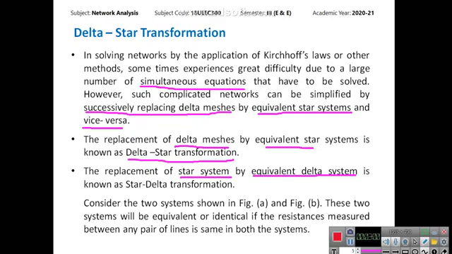These two systems will be equivalent or identical if the resistance measured between any pair of lines is the same in both systems. So if you want to transform a delta into star, if the resistance measured between a pair of terminals is the same in both systems, then you can transform the delta into star.